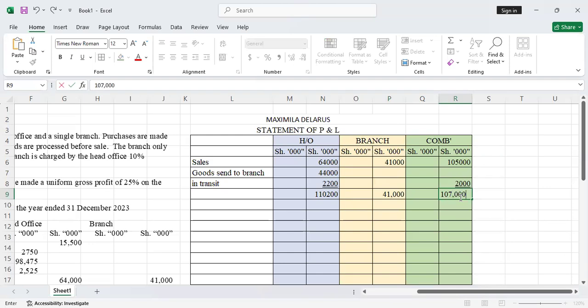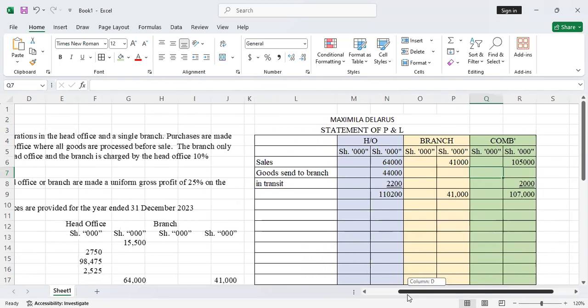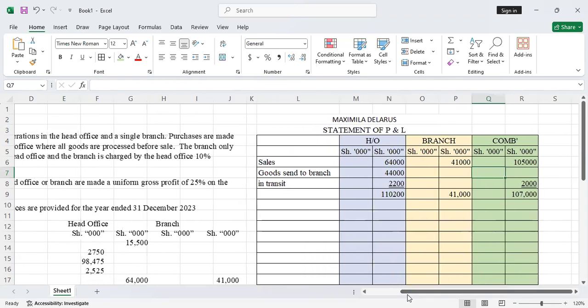I show you why we don't push this 44 here. We don't push it as a sale to the combined business, for the simple reason that we had in consolidation. In the consolidation, we say if it is intra-group, then we don't account for that. Yet we are accounting for the amount that is in transit.